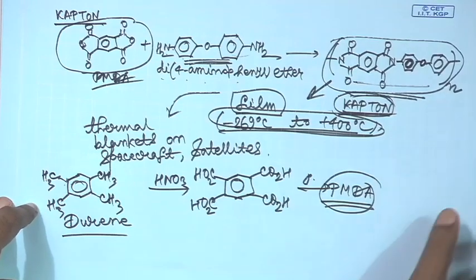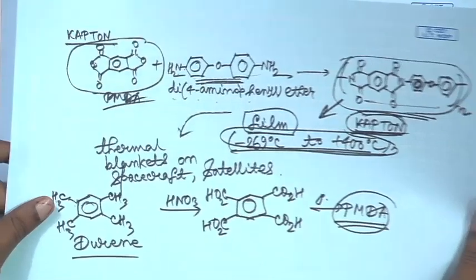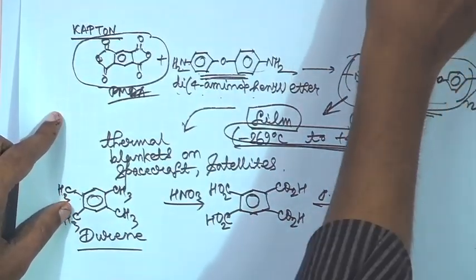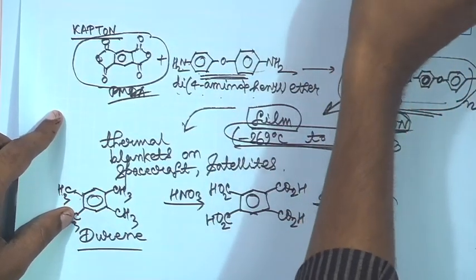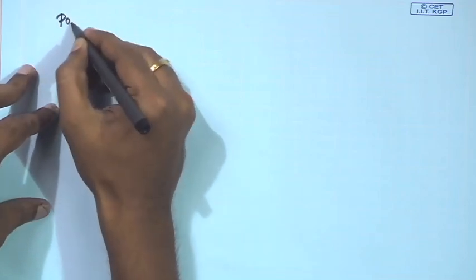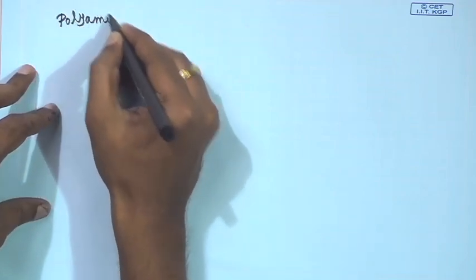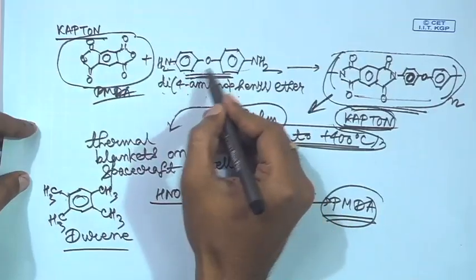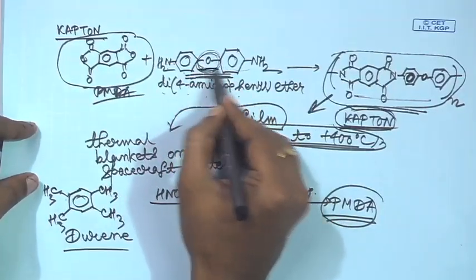Now, commercial polyimides are not always prepared from a simple diamine and a dianhydride. If you just look at these polyimides that we talked about, I am not talking about Kapton, because Kapton is slightly different, it already has an ether linkage here.